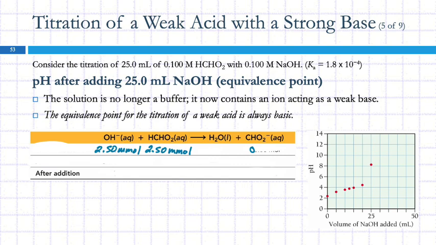So now we see that we have equal amounts of the sodium hydroxide and the acid, which is the definition of the equivalence point. And so these are going to react with each other, and we're going to end up with essentially 0, and plus 2.5 of that conjugate base.